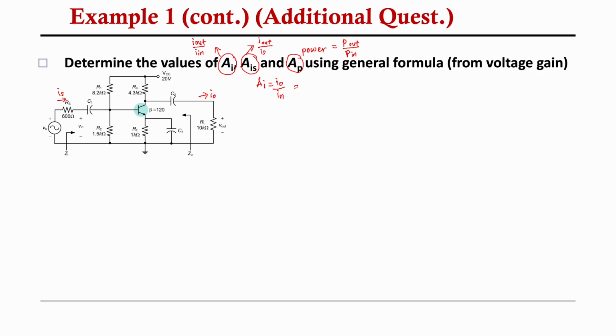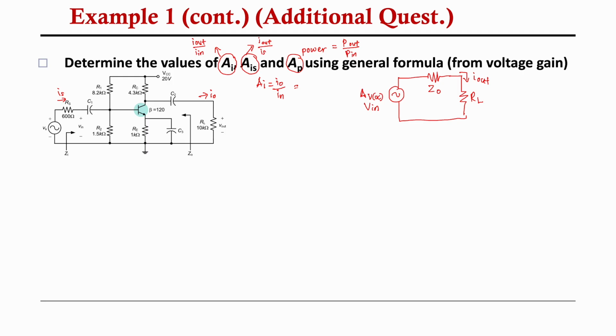We have AVOC that we calculated before, AVOC V in, and then we have Z output and then RL. So this is the I output.